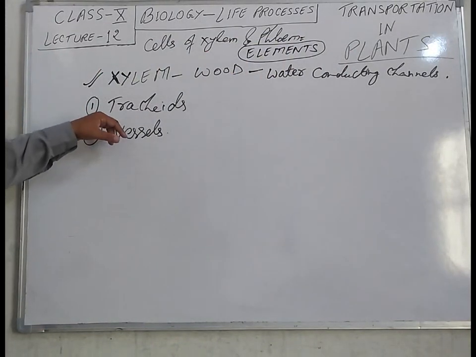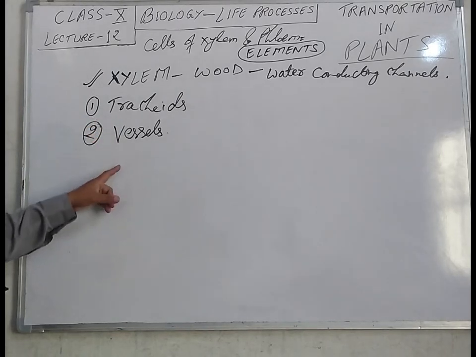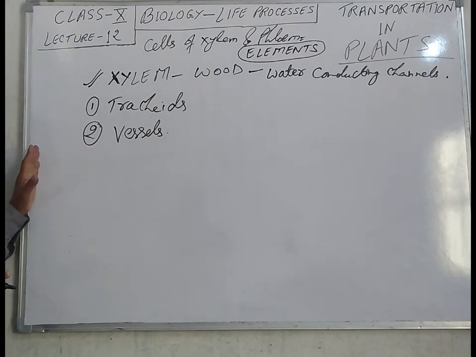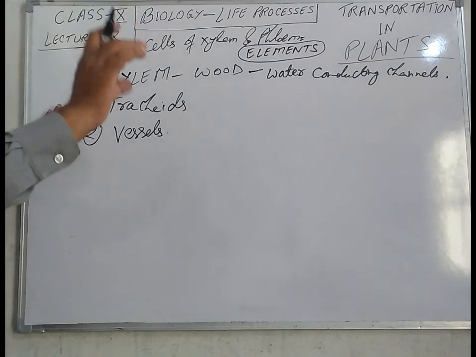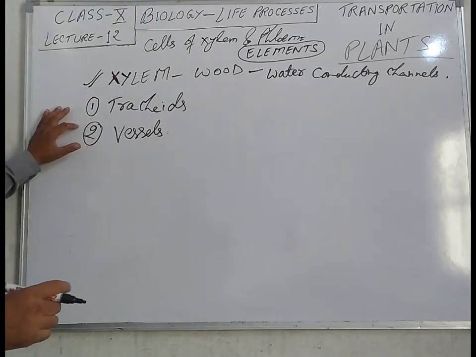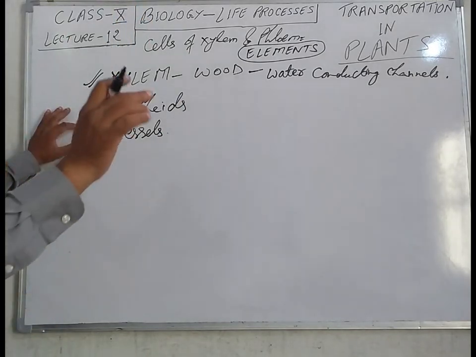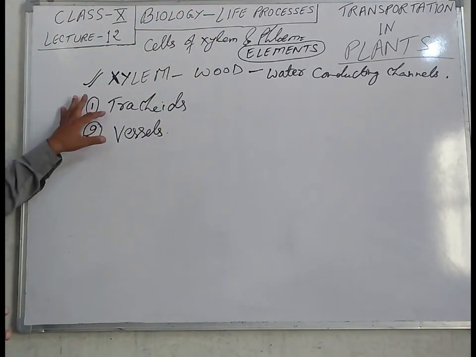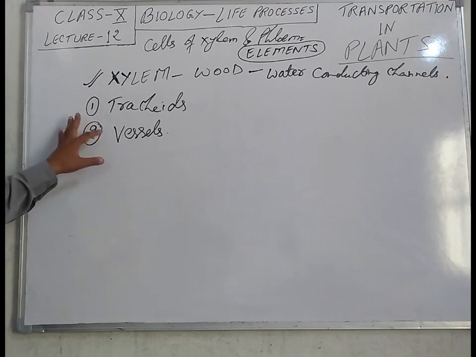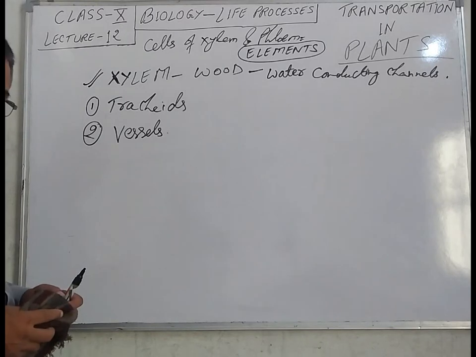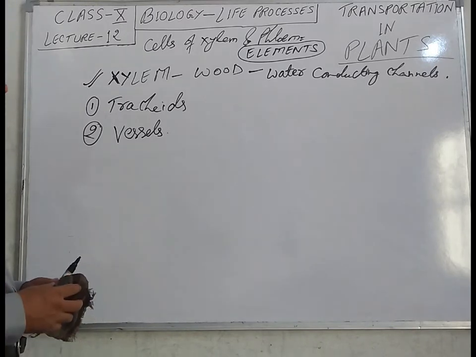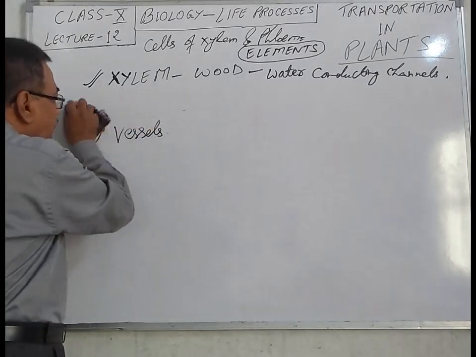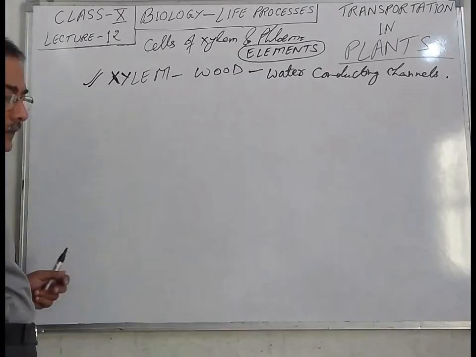These two cells, tracheids and vessels of root, stem and leaves, are interconnected. Just like a railway line is interconnected from one place to another, where someone catches a train and it goes to the destination, similarly tracheids and vessels of root, stem and leaves are interconnected channels through which water and minerals are transported from root to leaves.